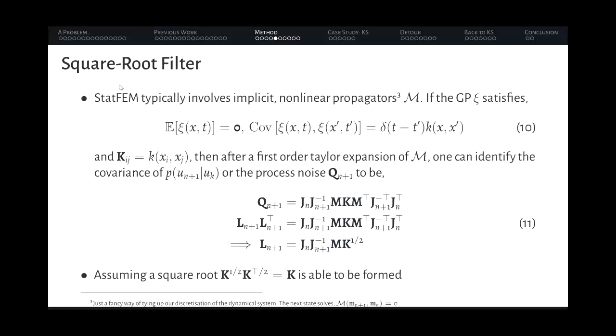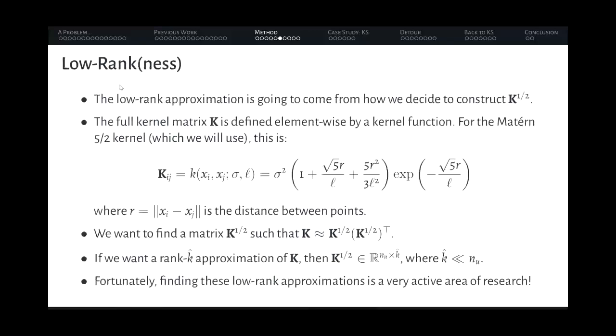But the point is that this L that represents the low rank covariance comes out to be this quantity, which is 3 square matrices and this K to the half, which is going to be the low rank representation of the kernel matrix of the GP. So the square root representation of the covariance of a GP.